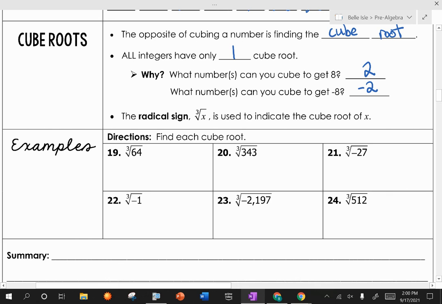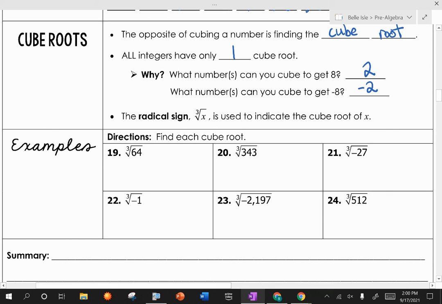If you hit that, it's going to make your 3 kind of small, and it's going to give you the radical. If it doesn't, then you did it wrong.